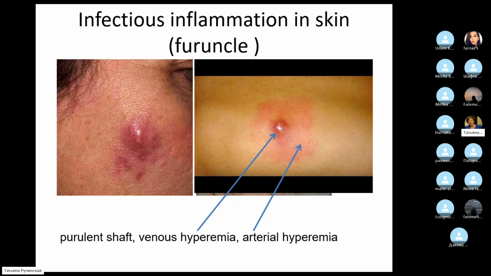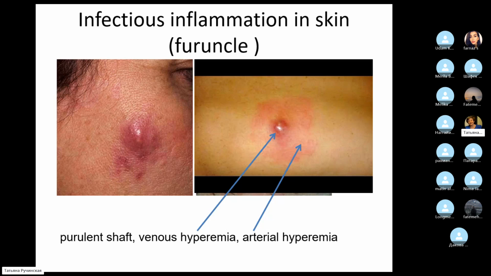This picture shows you that these changes of vessel reactions in the region of inflammation, not in all cases will be as I described to you. Here there is a furuncle.